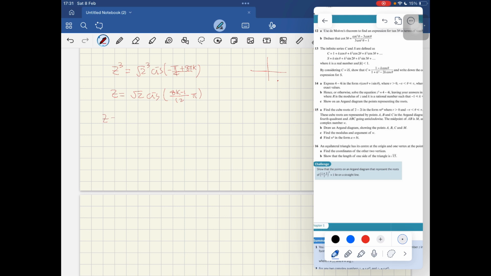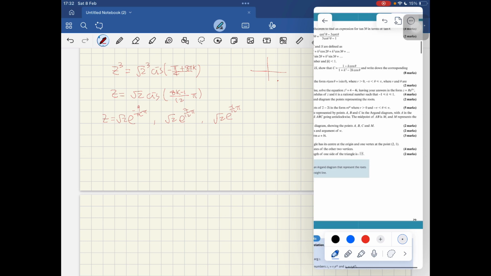So z is square root of 2 e to the power of negative pi over 12, and square root of 2 e to the power of 7 pi over 12, and square root of 2 e to the power of negative 9 pi over 12, like this.